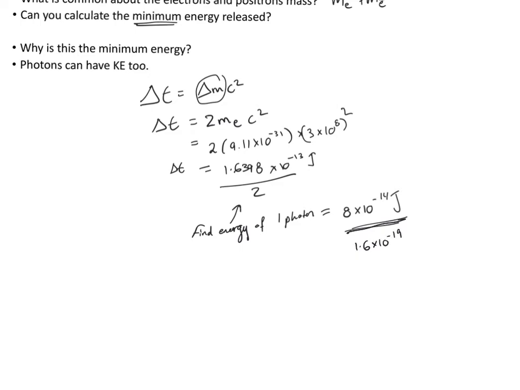This gives you the energy of a photon as 5.1 times 10 to the 5 electron volts. I can simplify this further, so I can divide it by 10, multiply that by 10 to the 6, 0.51 times 10 to the 6 electron volts. We know that's mega, so there's the answer.